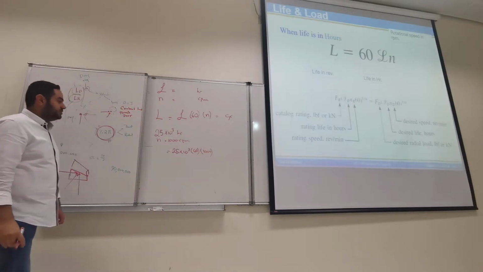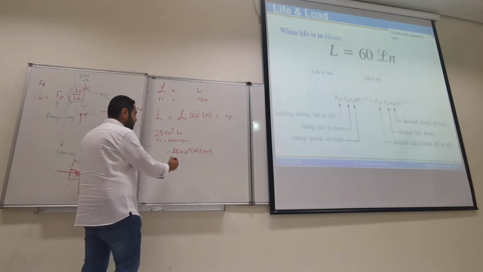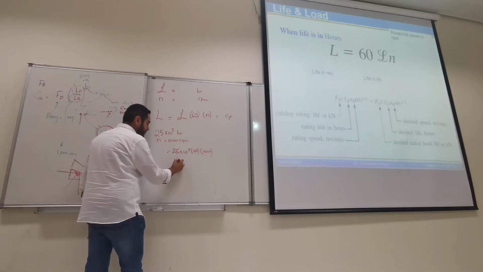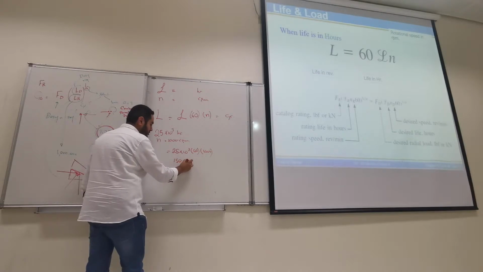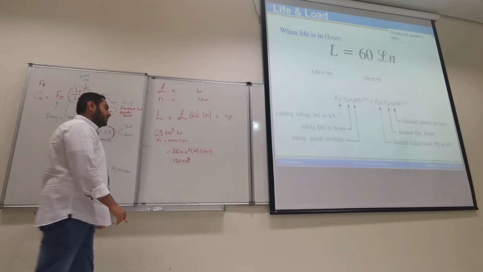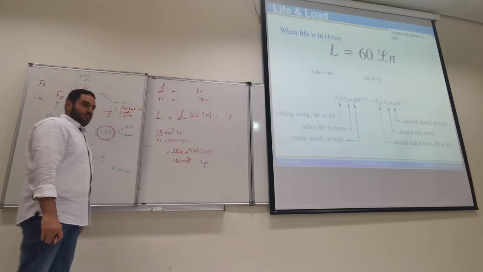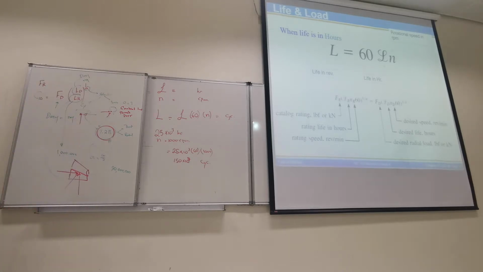So this would be how much? 25 times 60 is 1,500, and 3 and another 3 zeros, so 1,500,000,000. This is the number of cycles. This is one way of determining the number of cycles.